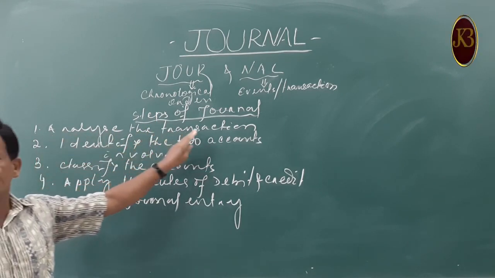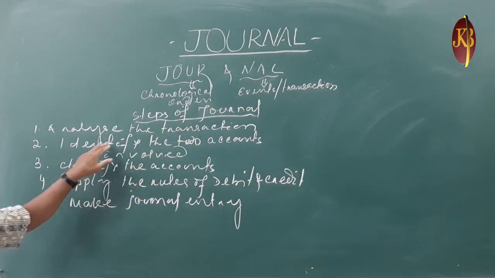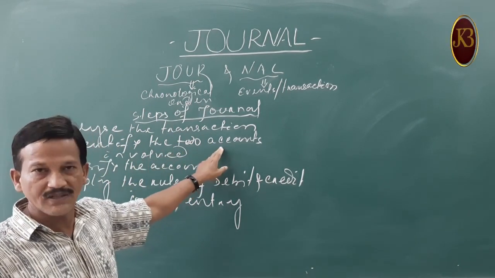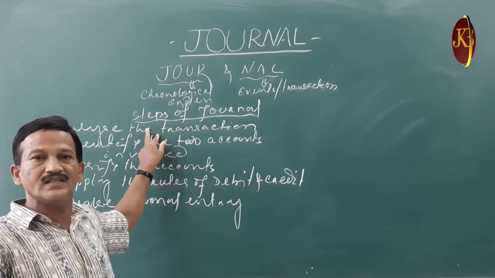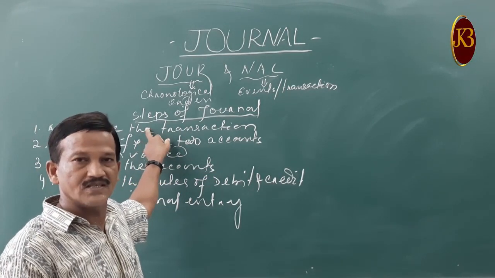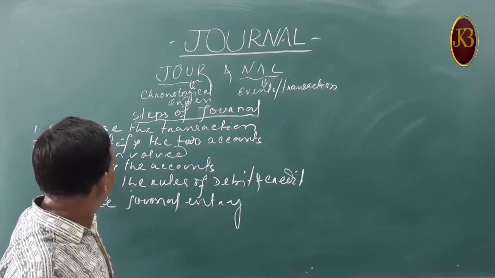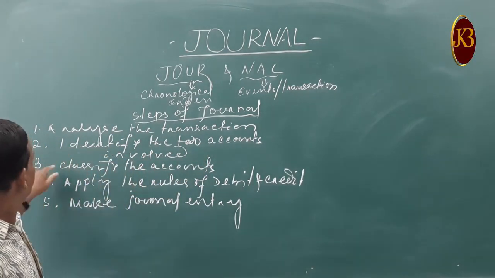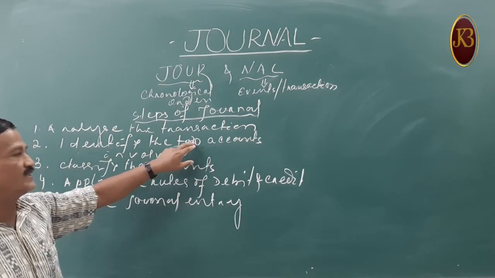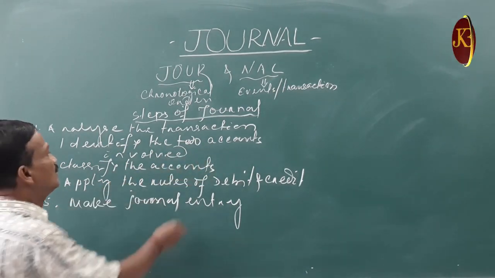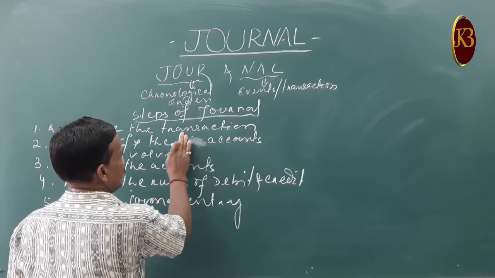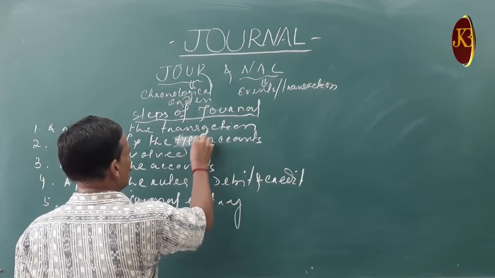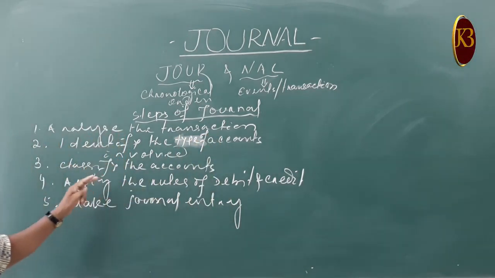First, analyze the transaction. Analyze means checking whether the transaction is a business transaction or not. Second, identify the two accounts involved, that is, identify the type of accounts involved.